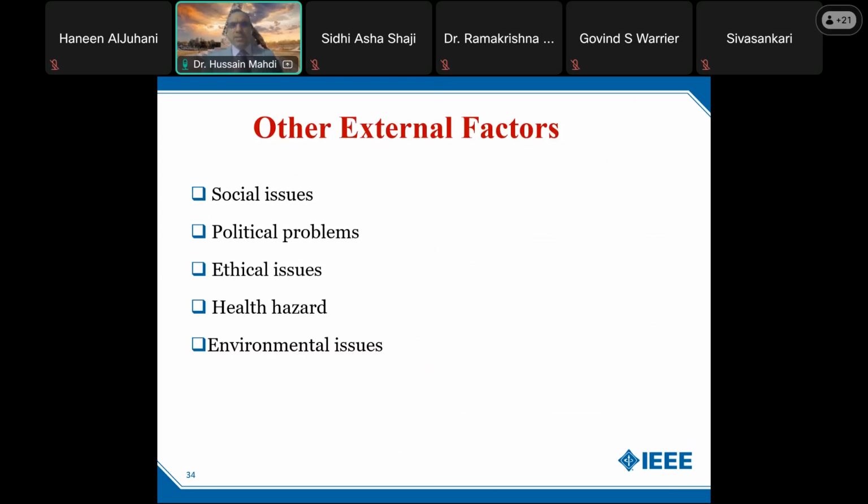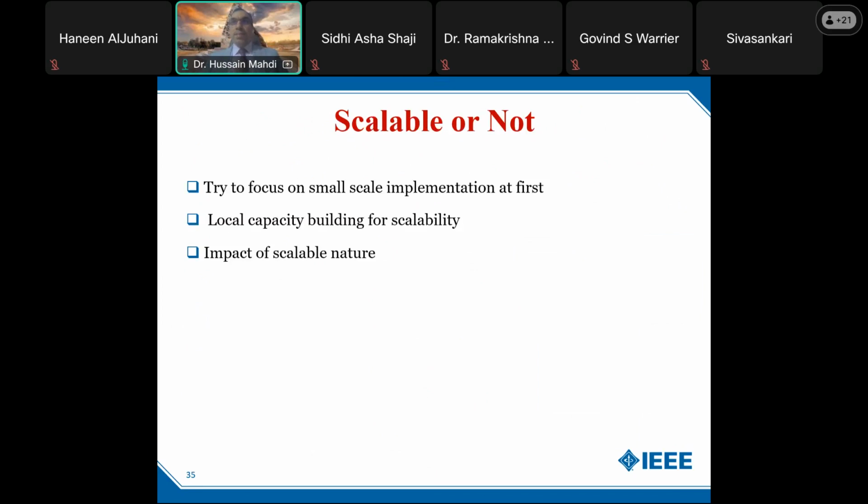Other external factors: social issues, political problems, ethical issues, health hazards, environment issues. How does your scientific solution for this local community problem affect these factors? Scalable or not: can it be applied in another area, can it be made on a larger scale or not? This is very important, because if your project is scalable, it is nice to apply as a prototype in your place.